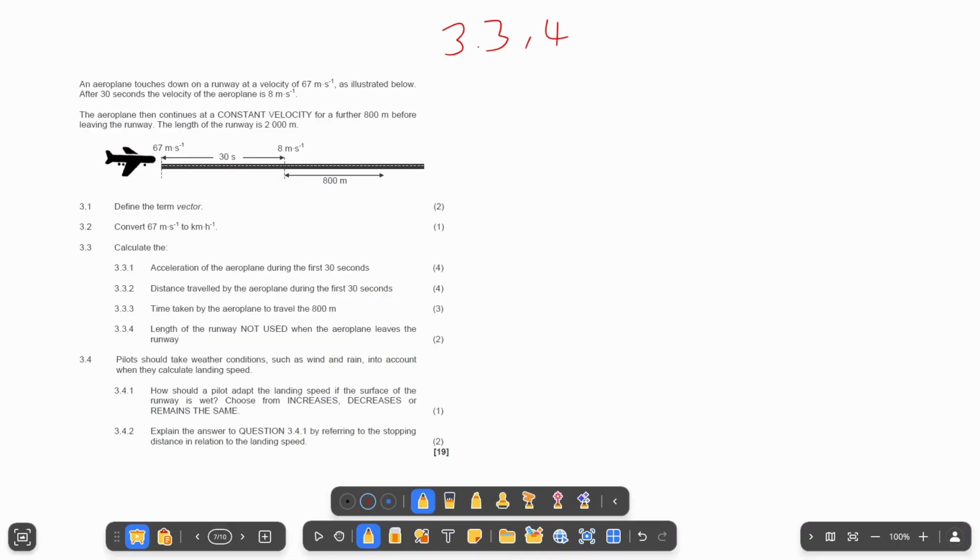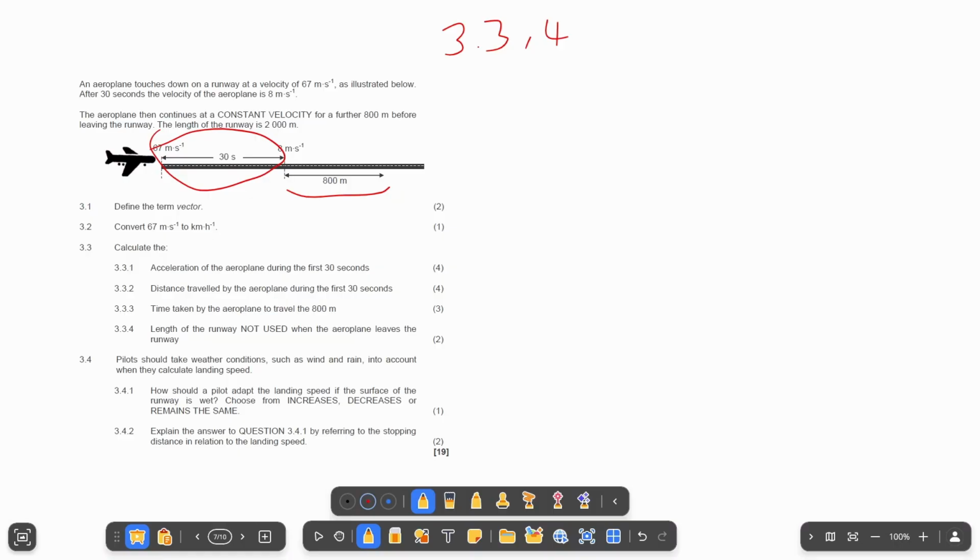We now know that the runway's length is 2000. We are going to subtract the 800, which it has used on touchdown, and this one that it flew over before touchdown, which we have already calculated, right?